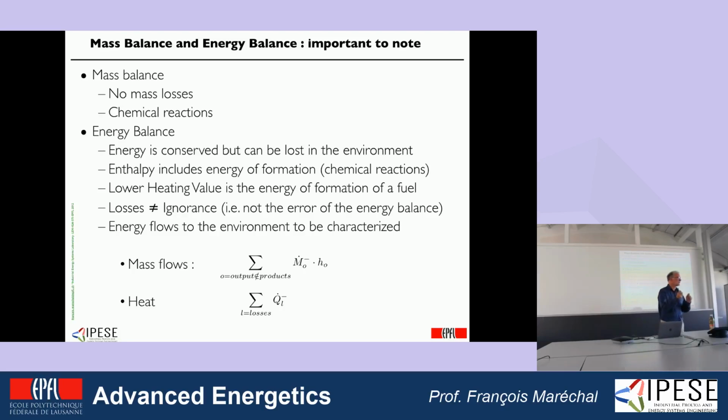And so the differences are not necessarily coming from a heat loss. It can be an error of sensor or something that you have forgotten. So don't forget to add reasoning to the measurements that you are doing. So I'm writing here: there is a difference between the losses and the ignorance. Everything is not losses, right?